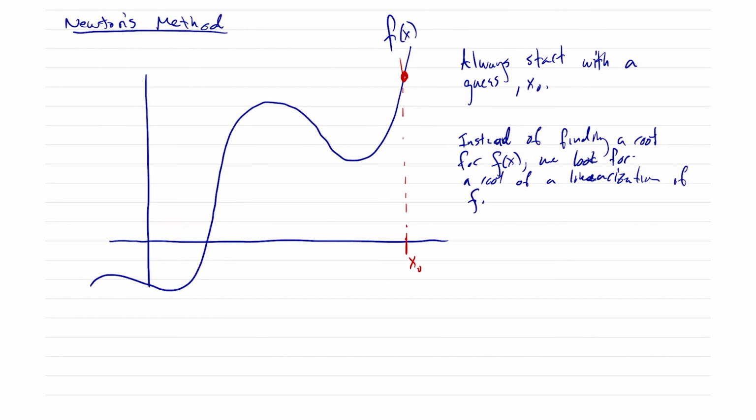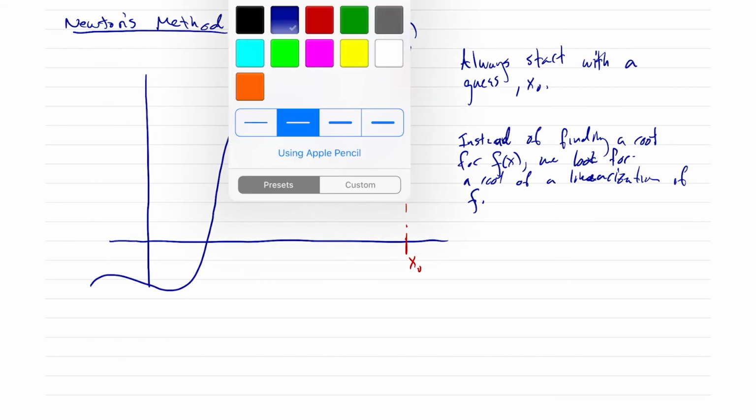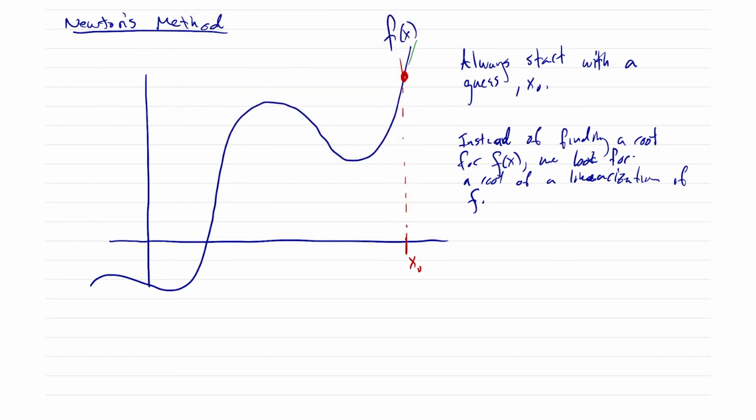Right, so what do I mean by linearization? Well, we're going to take a tangent line at this point, and we're going to follow that here to a new point, and that's going to give us this point x1. So what is this linearization?